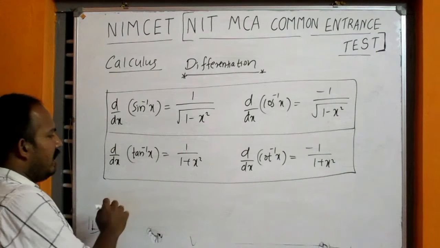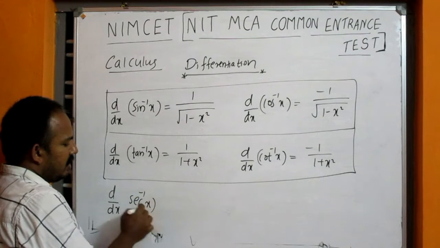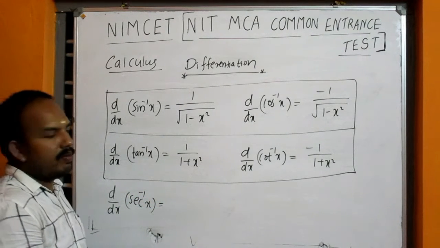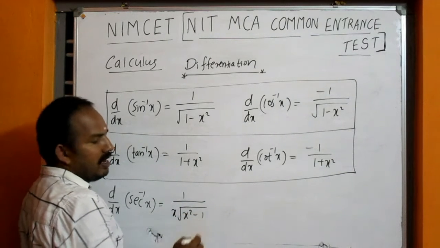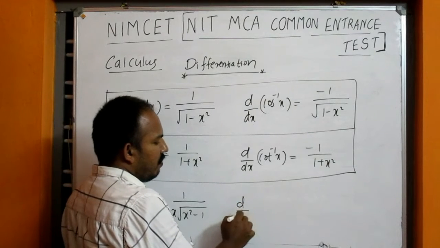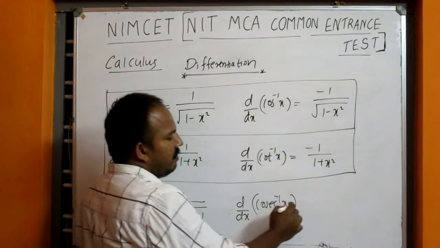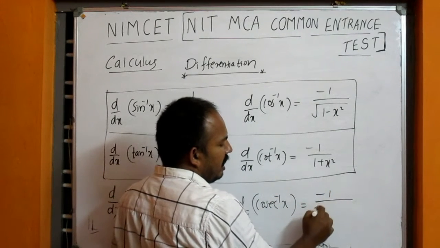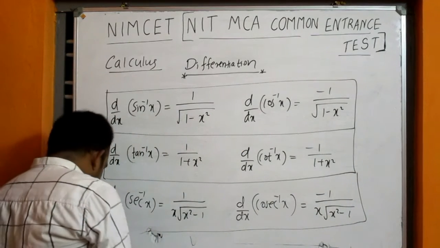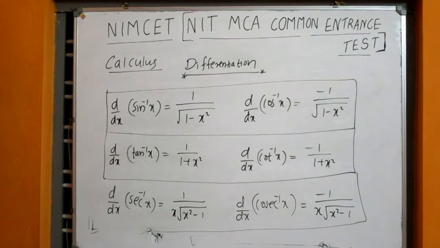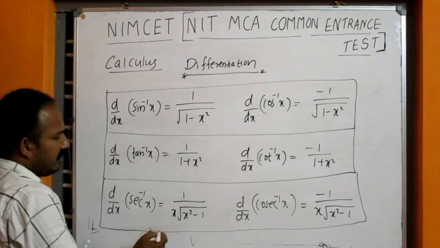Then d by dx of sec inverse x equal to 1 by x into root of x square minus 1. d by dx of cosec inverse x equal to minus 1 by x into root of x square minus 1. These are the differentiation formulas of inverse trigonometry functions. Okay.